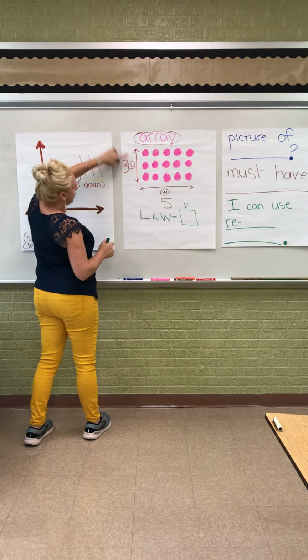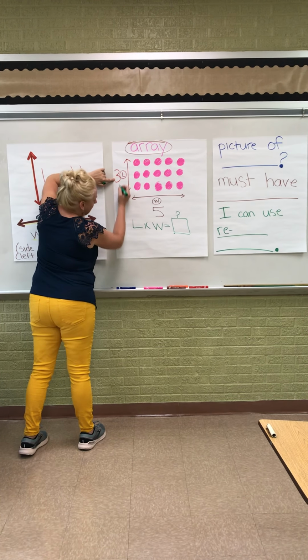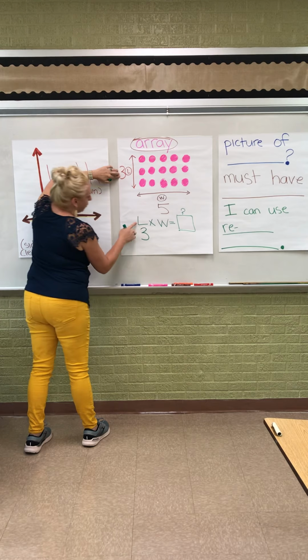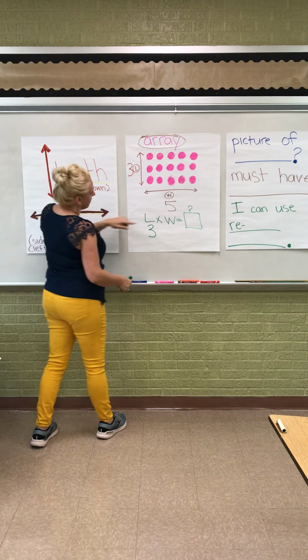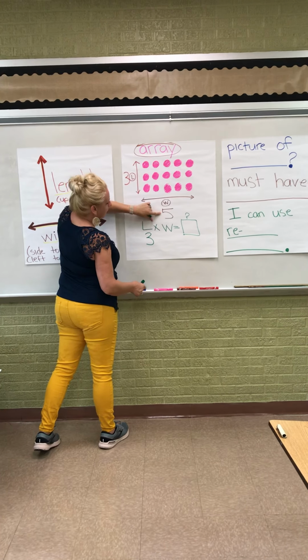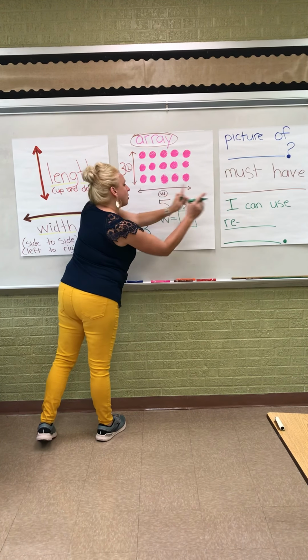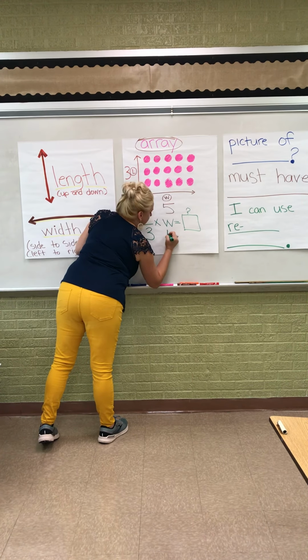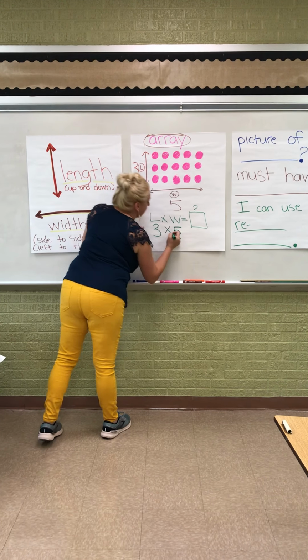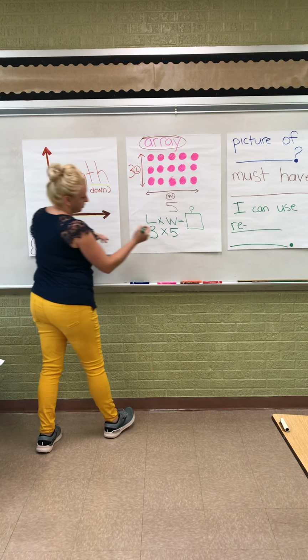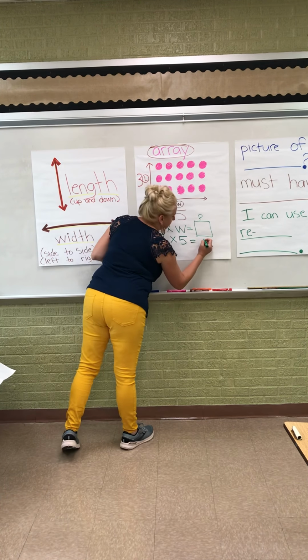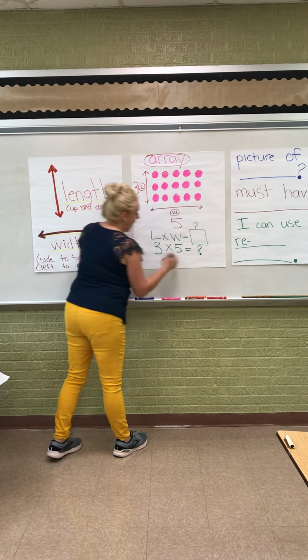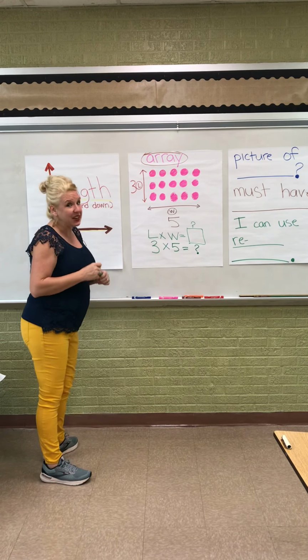Okay? So let's go do our length. So my length, I'm going to put it right underneath the L. Length is 3. And my width is 5. So from that, I am going to create my multiplication problem. And my multiplication problem is now 3 times 5. But still, I have a problem, but I don't have an answer.